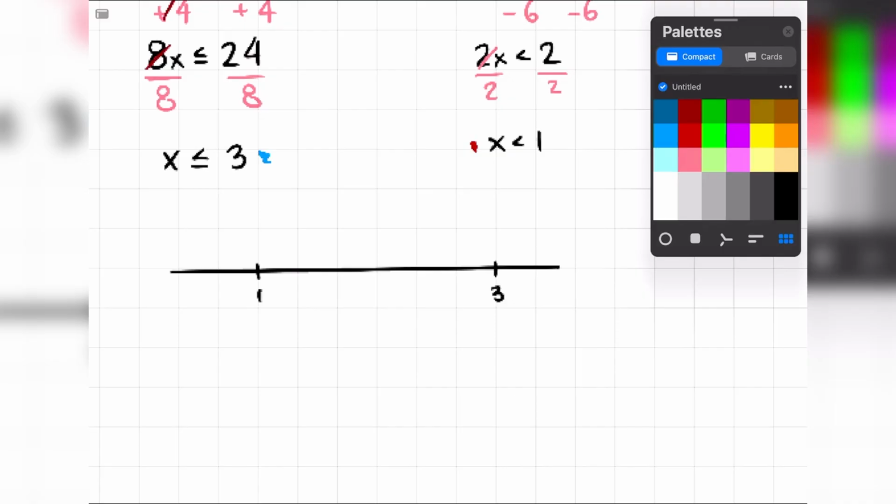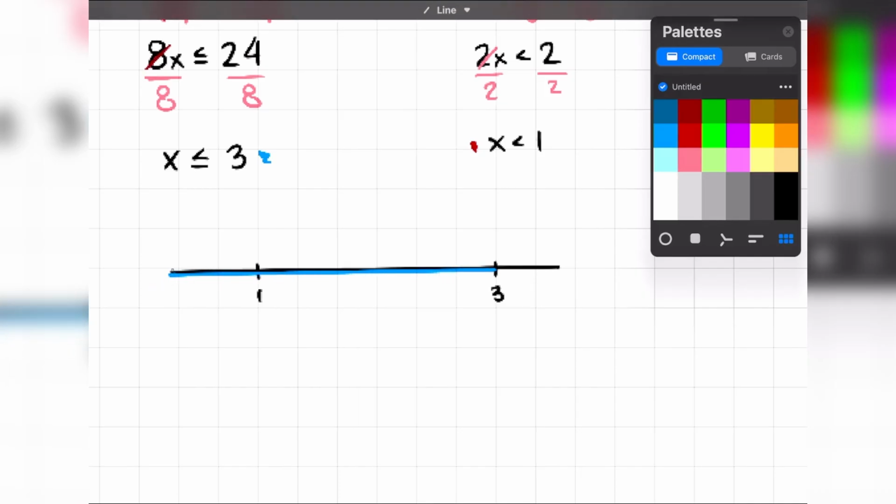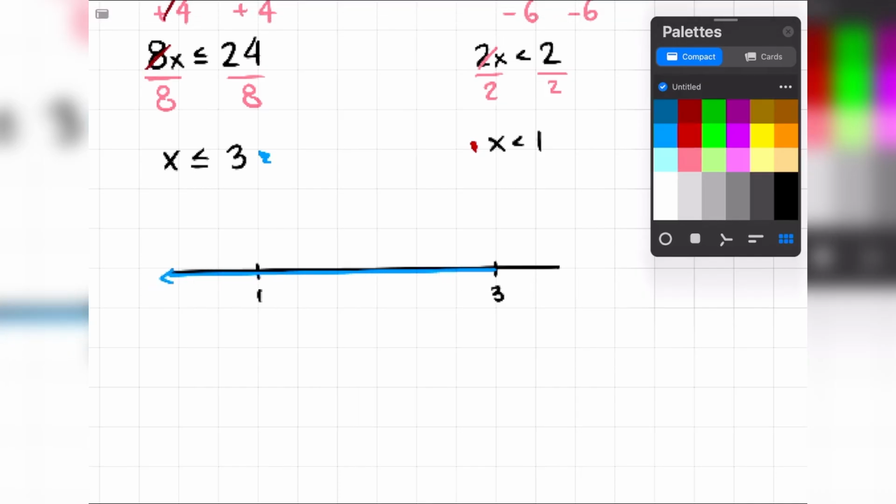So for blue, x is less than or equal to 3. So this is all that one. And then for the red one, x is less than 1, which is all this one. There you go. And this is going to be red. And then this one, oh no, sorry. This one will be blue filled in, and this one will be red open.